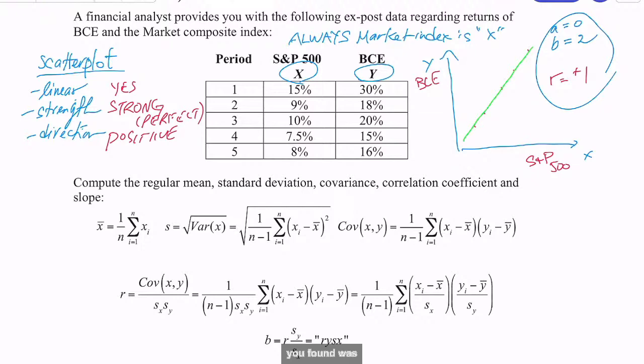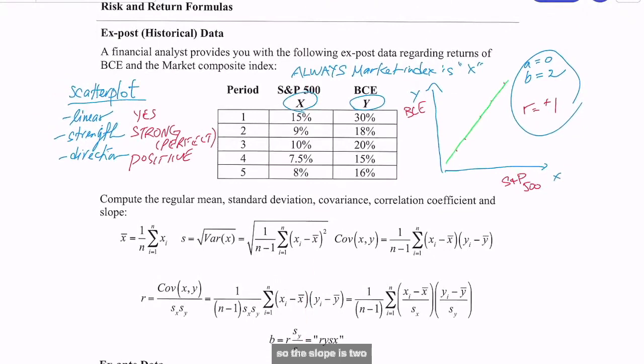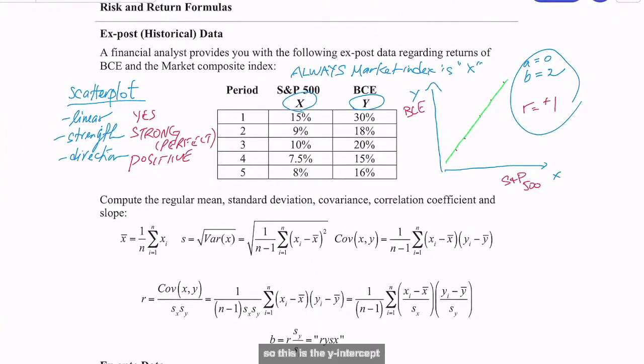So what you found was A is the y-intercept, so it just goes through here, right? B is the slope, so the slope is 2. So this is the y-intercept, that's where it crosses here.